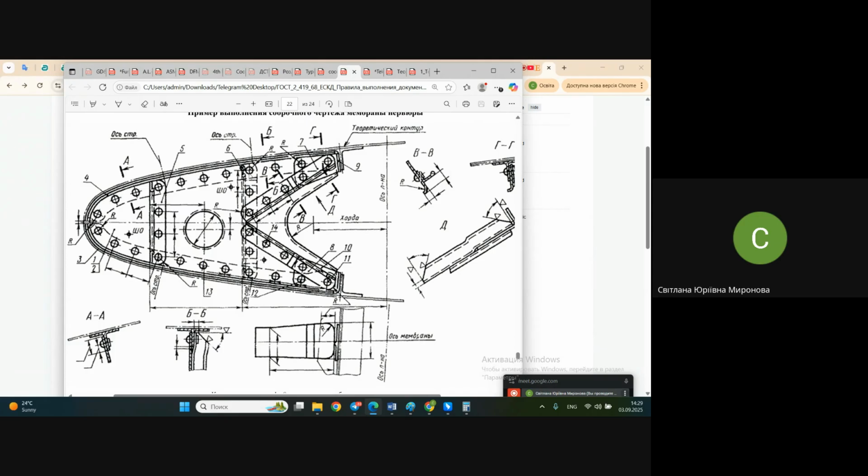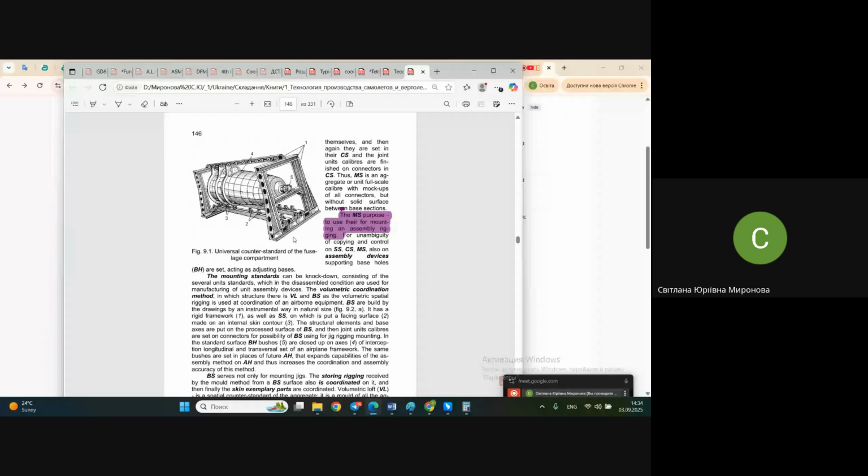Design loft looks like this. Theoretical loft we have already seen. Here is the theoretical loft of some ship, of some boat, you see. Yes, and this applies both to our airplanes and to boats, to sea vehicles, to ships.